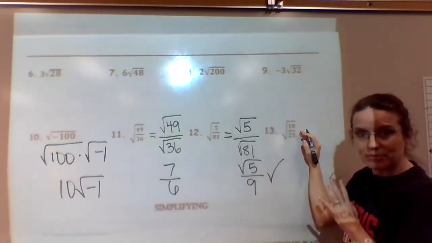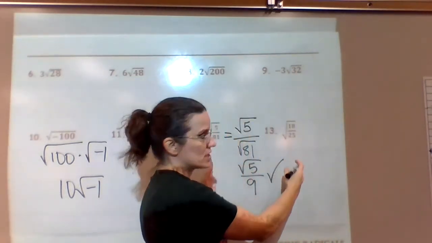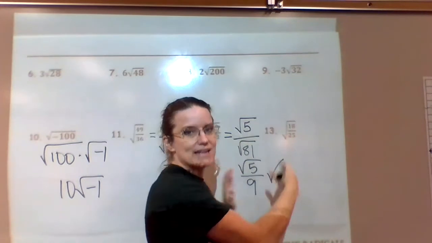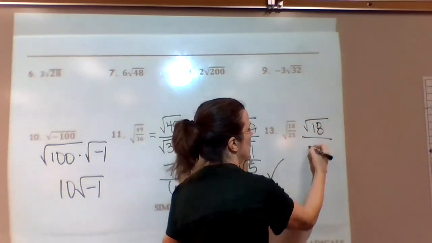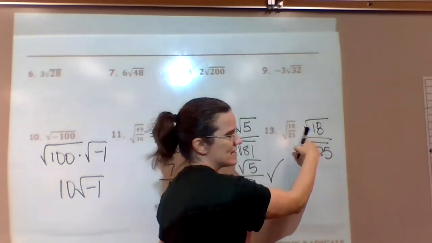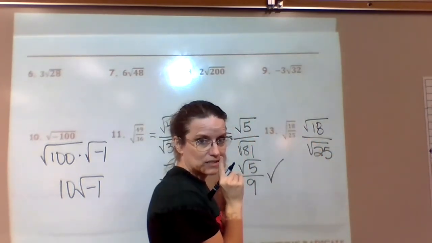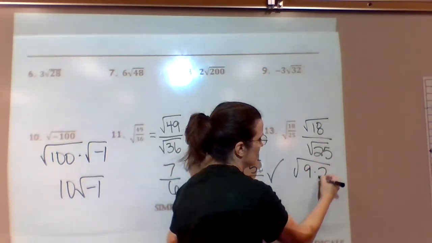Our last example here that I'm going to go over with you, I've got the square root of 18 over 25ths. That's going to be the square root of 18 over the square root of 25. Well, the square root of 18 is not simplified. You go, oh dear, that's really the square root of 9 times 2.